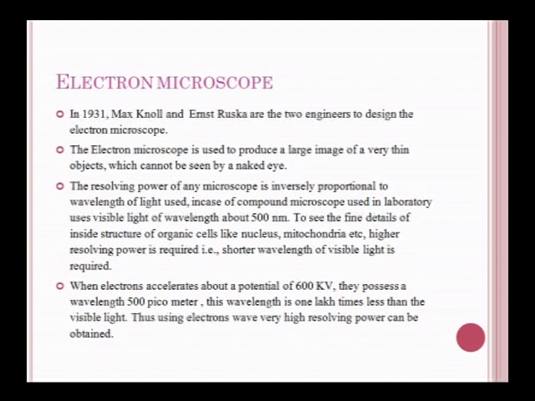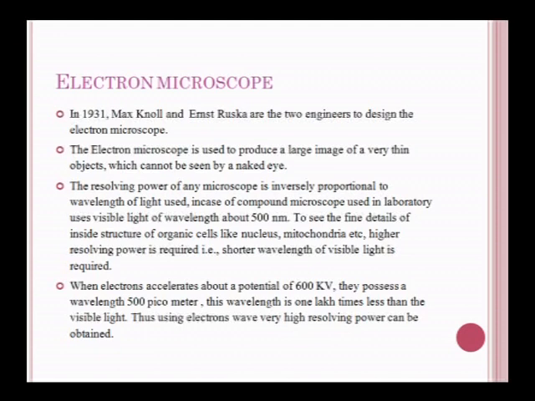Now, for example, in the compound microscope used in the laboratory, we use visible light, the light from a tube light or an ordinary light, where the wavelength of that ordinary light is about 500 nanometers. As I told you, the resolving power is inversely proportional to the wavelength.